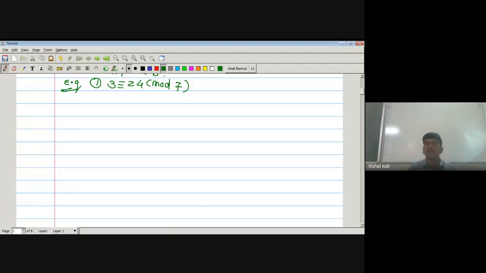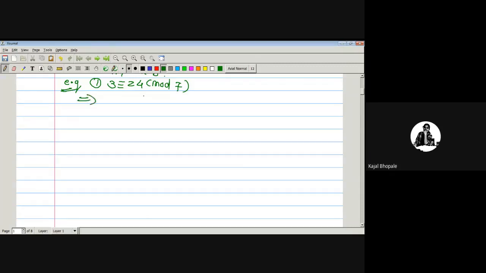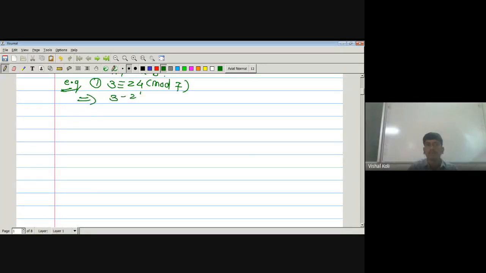We have to check whether 7 divides the difference of 3 and 24. 3 minus 24 is minus 21, and we know that 7 divides minus 21. Therefore 3 is congruent to 24 modulo 7.